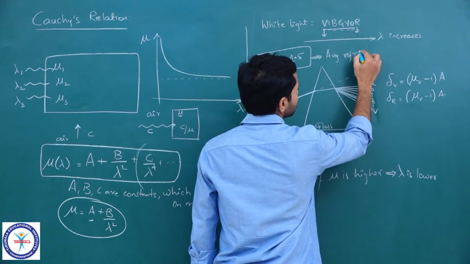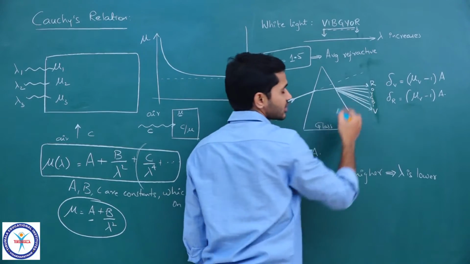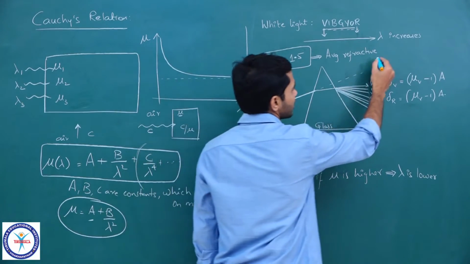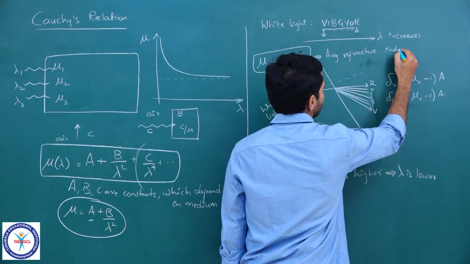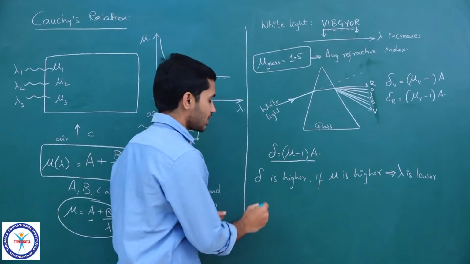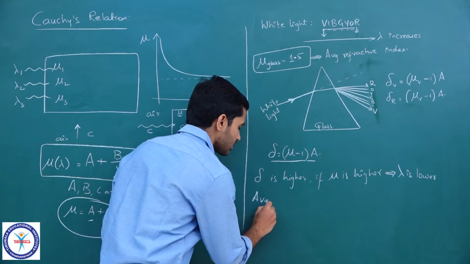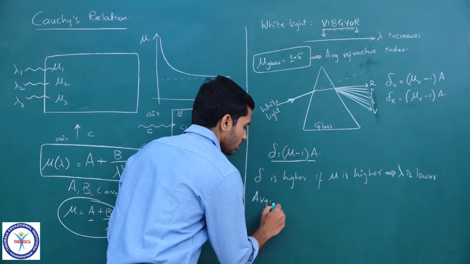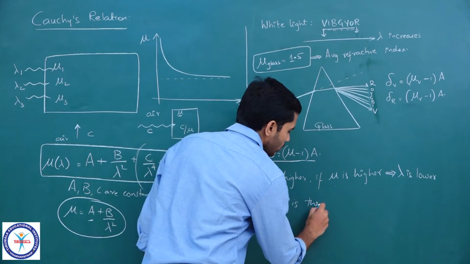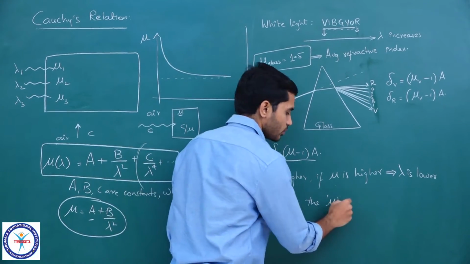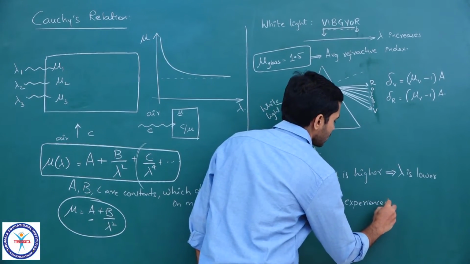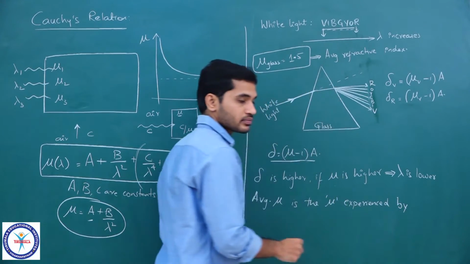So what we have been using till now is the average refractive index offered by the medium for white light. Clear? So average refractive index, and by definition we can say that average mu is the mu experienced by which light?